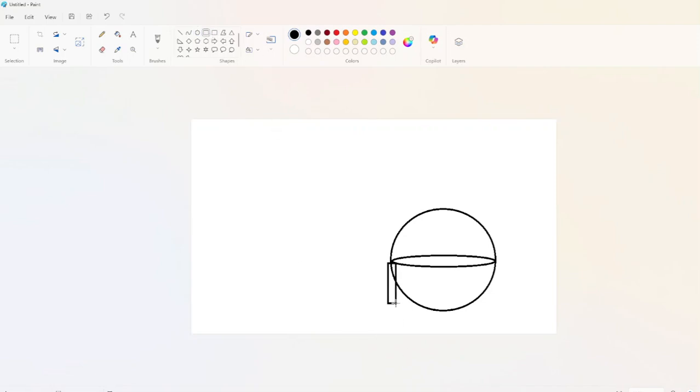And we're going to add a few columns going around the model to help hold it up. Oops, it's like this.